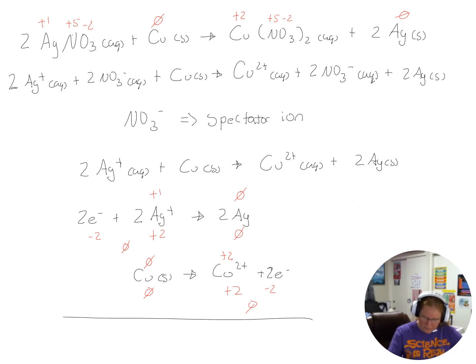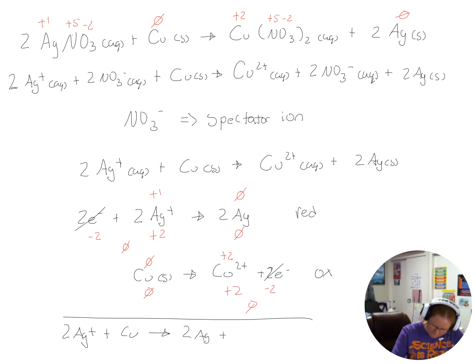Okay, so this means that silver was reduced and copper was oxidized. And then if I cancel out my electrons, and voila, I get back what we had before.